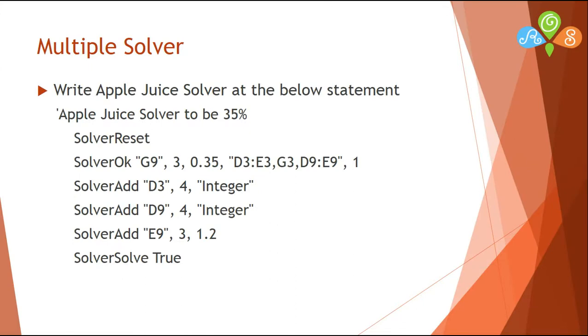and then SolverOk here is about setting the goal. Setting the goal G9, and this is the type of min, max, or value. So I take value, and the value I want the goal to be is 35%, that is 0.35.